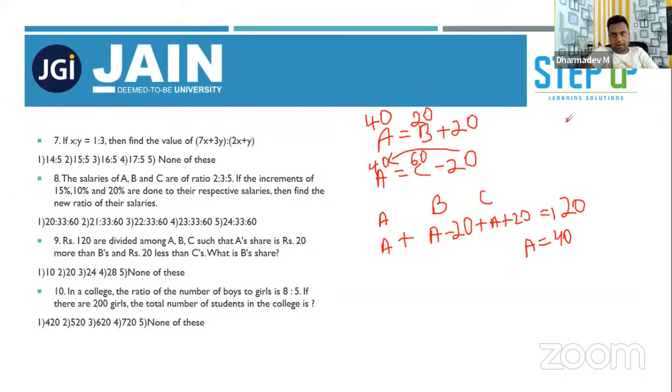So A value is 40, no changes. B value is going to be 20, no changes. And C value is going to be 60. I think the first time I wrote it in the reverse, that's fine. So B value is 20.